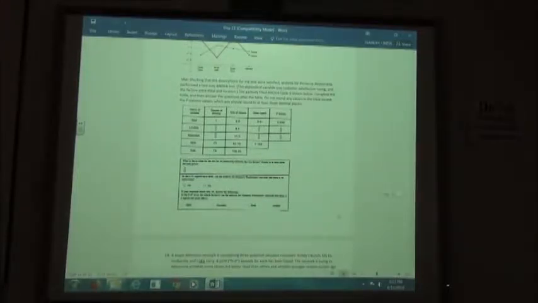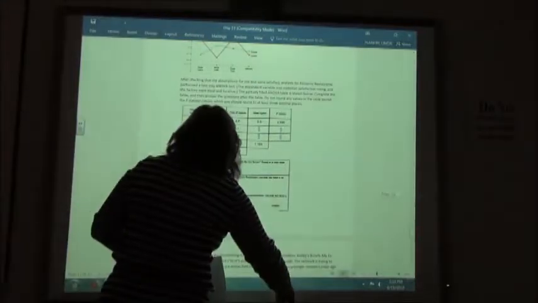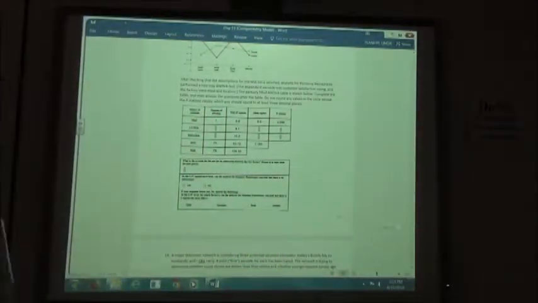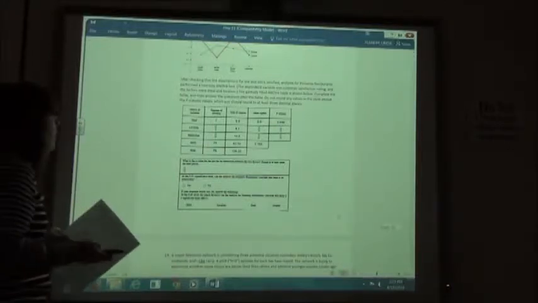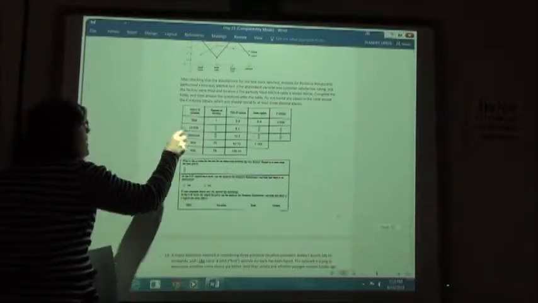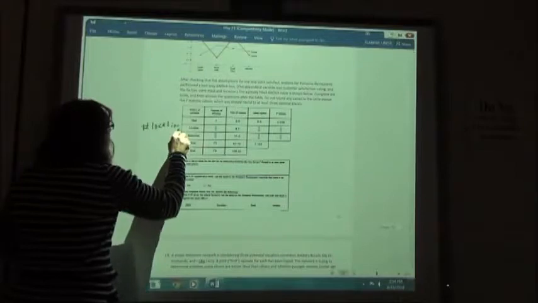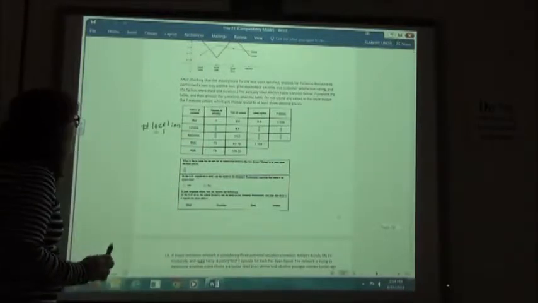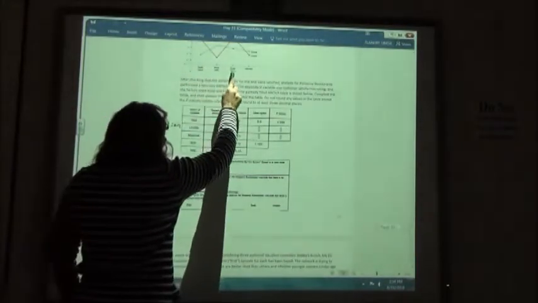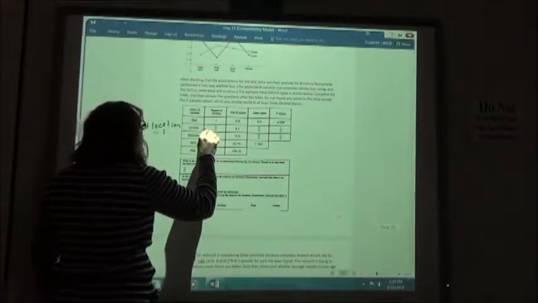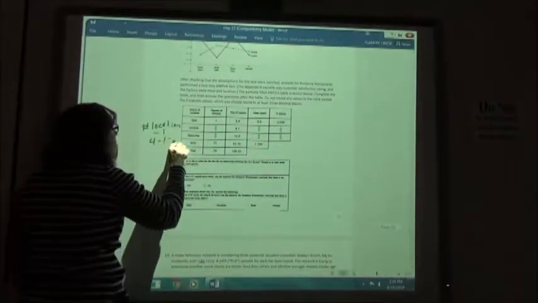So, on here, the degree of freedom is going to be the number of locations, minus 1. In this case, we have 1, 2, 3, 4 locations, so we're going to do 4 minus 1, which is 3.